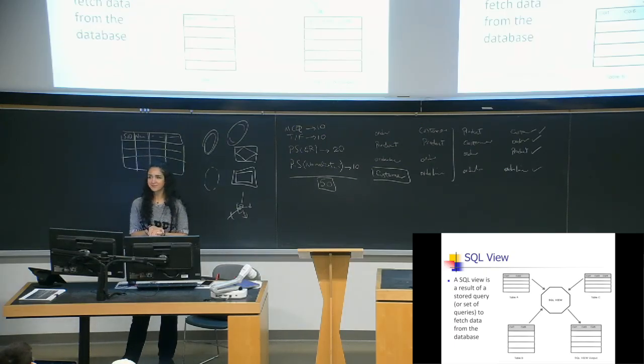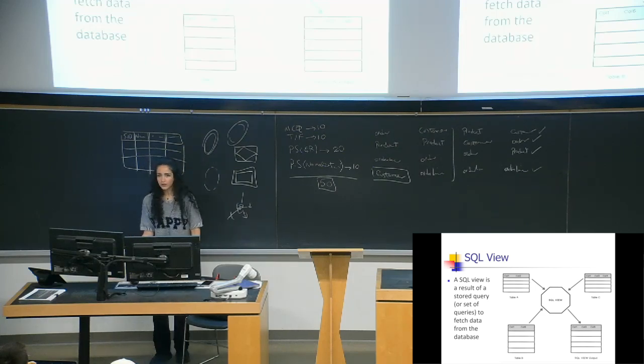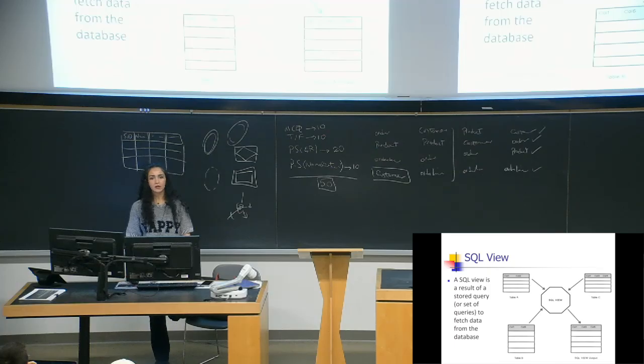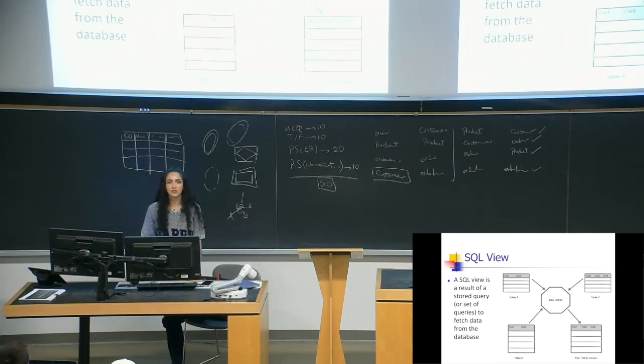Is this clear? Okay. So here is the definition. SQL view is the result of a stored query or set of queries to fetch data from the database. But why are we doing that? Because, for example, I had this issue myself.